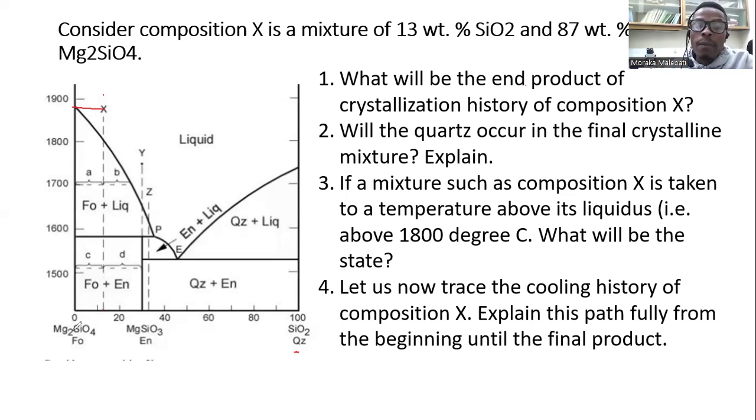Will quartz occur in the final crystalline mixture? Explain. As I said, no quartz will occur, because composition X falls between the pure forsterite and the pure enstatite. I hope it makes sense.